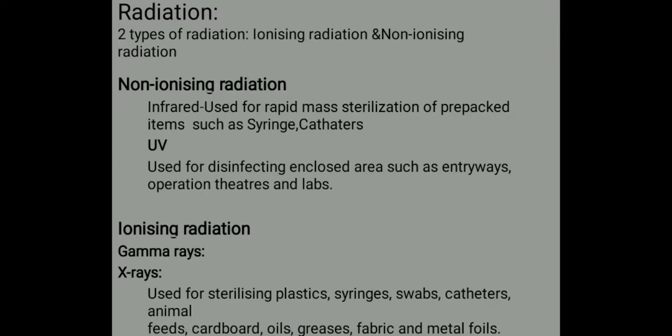Next we have UV, used for disinfecting enclosed areas such as entryways, operation theaters, and labs. Next we have ionizing radiation, firstly gamma radiation and X-rays, used for sterilizing plastic syringes, swabs, catheters, animal feeds, cardboards, oil, grease, fabric, and metal foils.